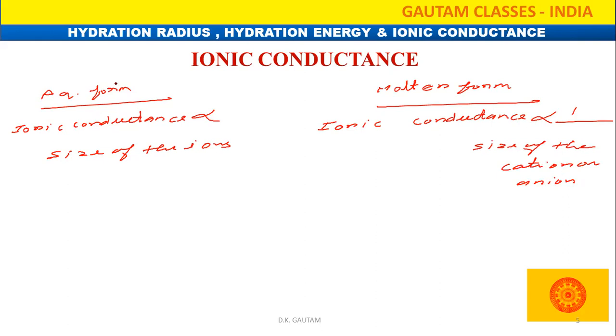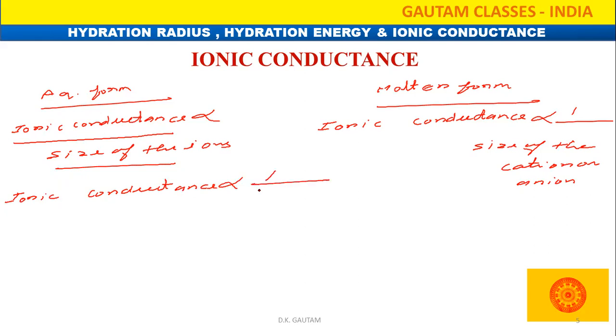In aqueous form, you know why this is happening? If the size of the ion is lower, more water molecules can aggregate around that ion. If hydration of the ion is greater, its movement will be less. If movement is less, definitely ionic conductance will be less here. So one more thing we can write here: ionic conductance is inversely proportional to hydration radius.